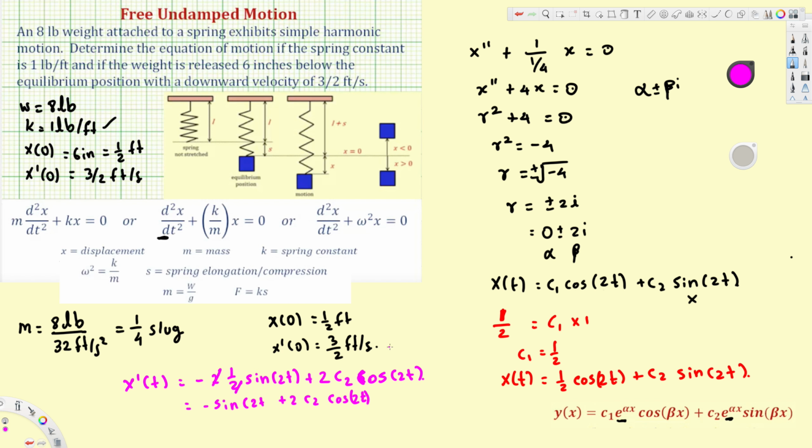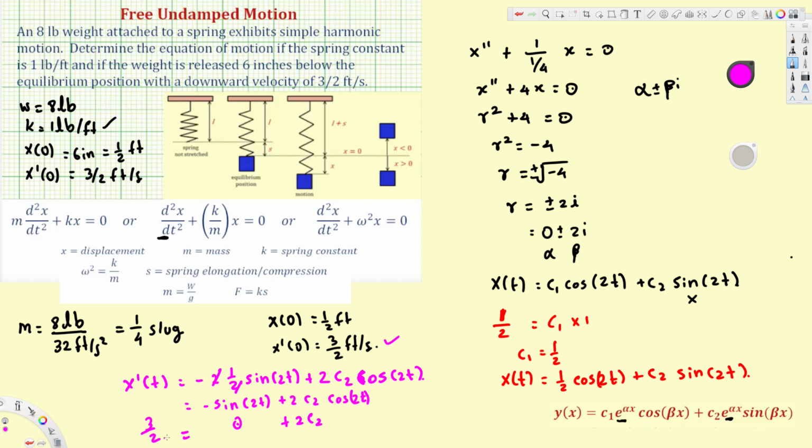Now we are going to use this one. x prime of 0 is equal to 3/2. If we place 0 for t, sine 2 times 0 is sine 0, which is 0, so this term is going to be 0. Here we are going to have 2 times c2, and cos 0 is going to be 1, so 2c2 times 1 is equal to x prime of 0, which is 3/2.